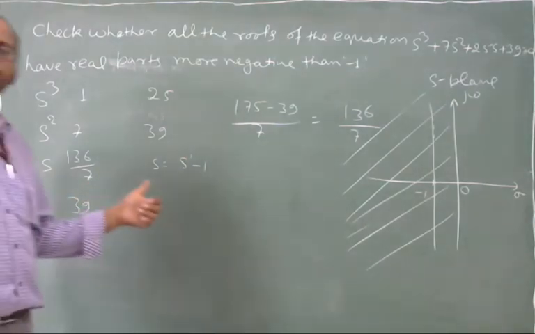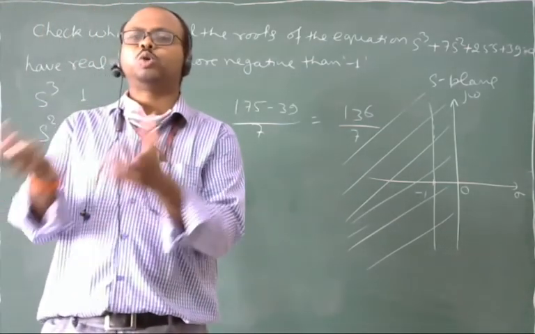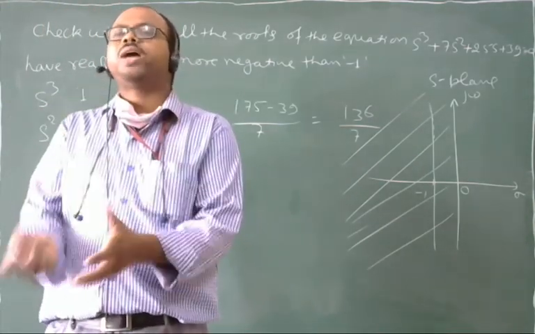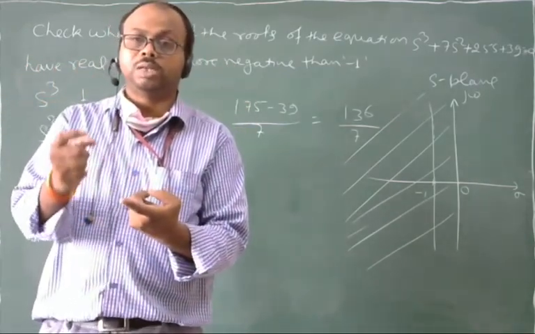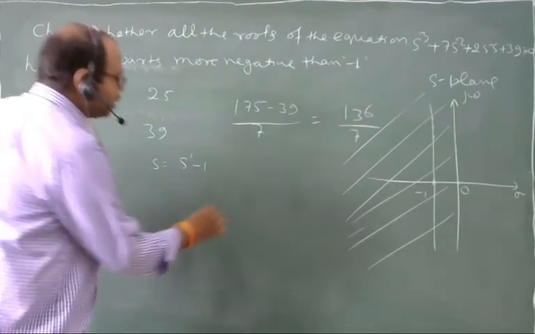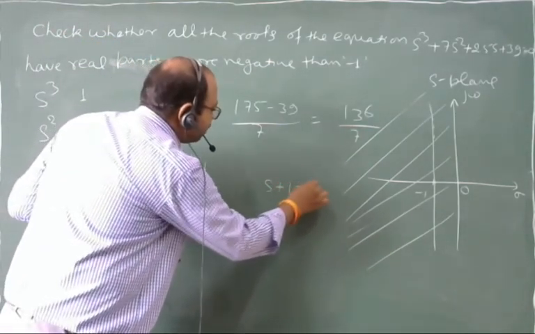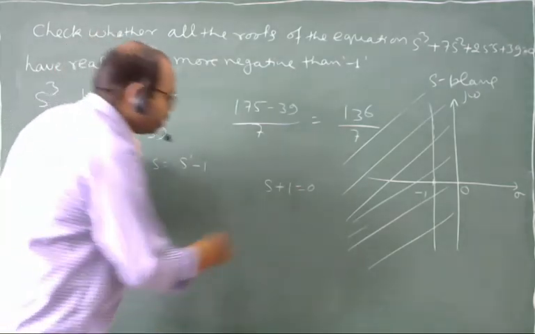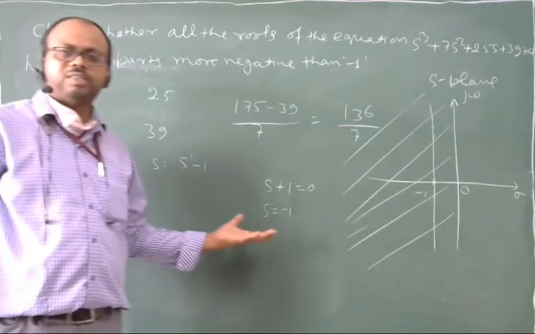Because we have changed our center from 0 to -1. And if I am changing my center from 0 to -1, then what will be the value of S? S plus 1 will be 0. And this shows that S is equal to -1.